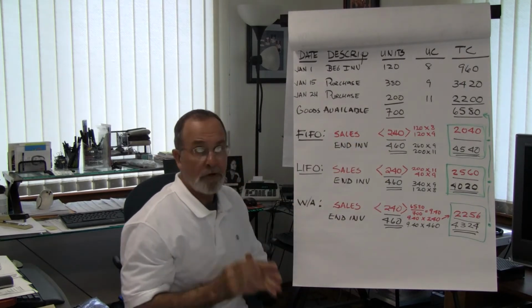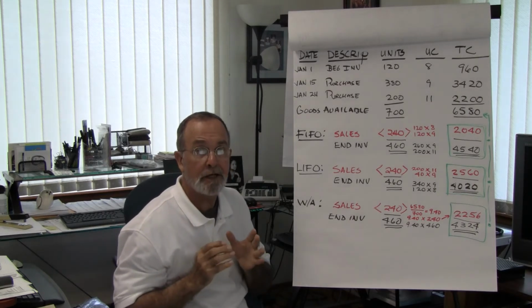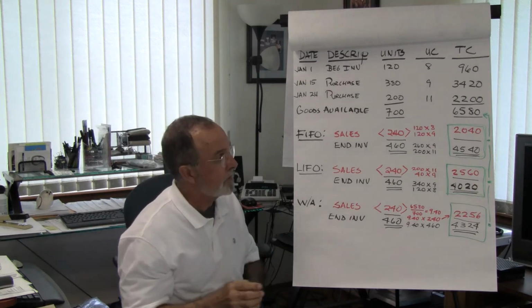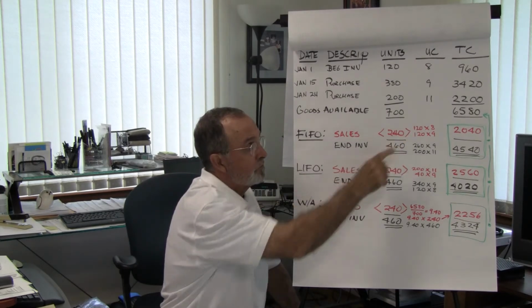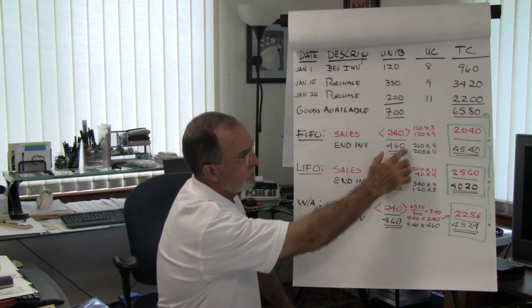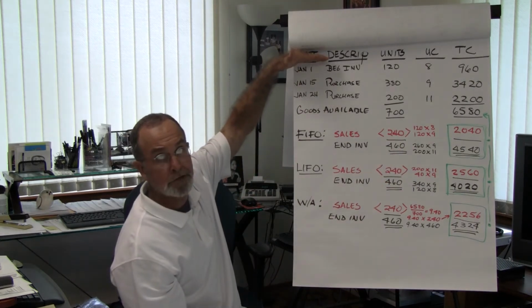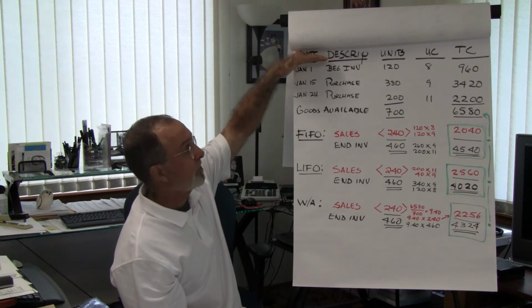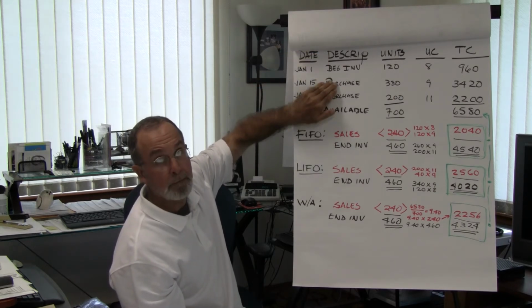However, it's important that we calculate the amount of our ending inventory, just as we calculated the amount of our cost of goods sold. So our ending inventory, when we use first in, first out, is at the bottom and we work our way up.